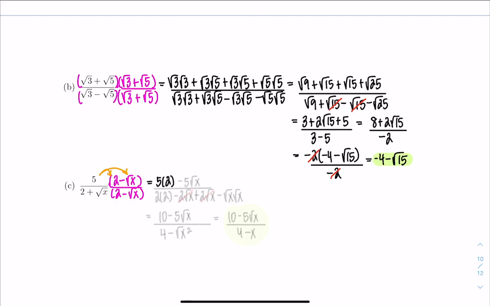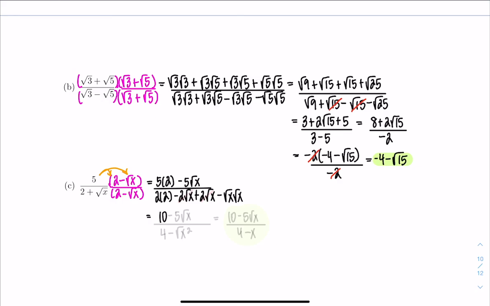And so we get 5 times 2 minus 5 times the square root of x. And in the bottom, we end up getting 2 times 2 minus 2 root x plus 2 root x minus root x times root x.